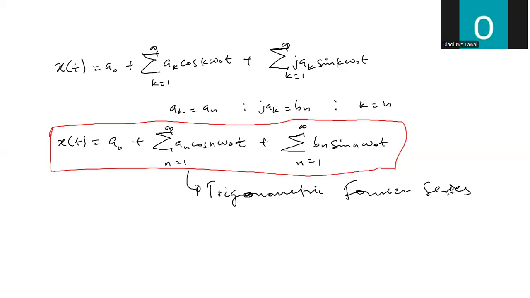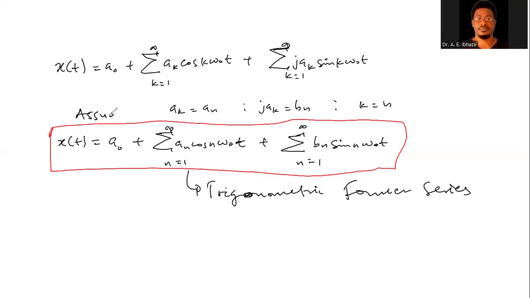No, sir. Did I hear no or yes? No. Okay, tell me what is not clear. I don't really understand why you changed a sub n to b sub n. Okay, so let's put it this way.